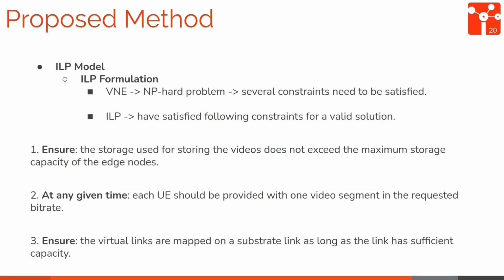Number one, they ensure the storage used for storing the videos does not exceed the maximum storage capacity of the edge node. Number two, at a given time, each user equipment should be provided with one video segment in the requested bitrate. Number three, ensure virtual links are mapped on a substrate link as long as the link has sufficient capacity.